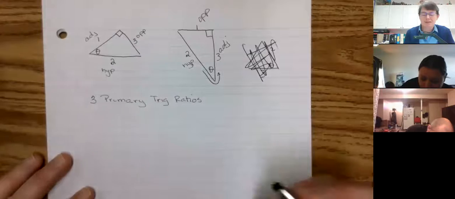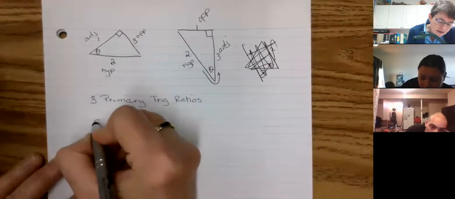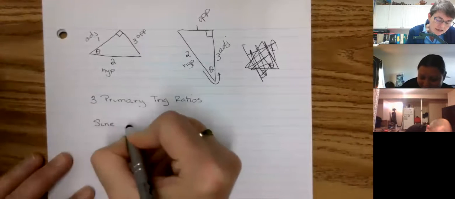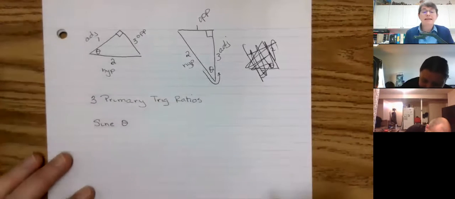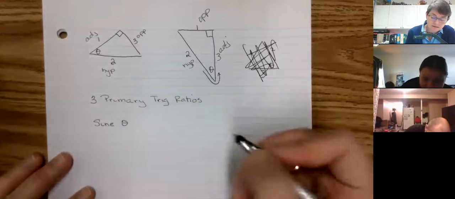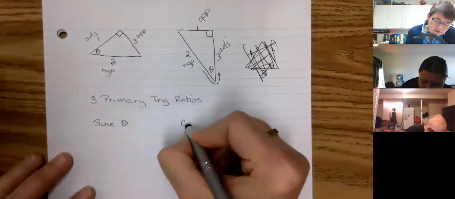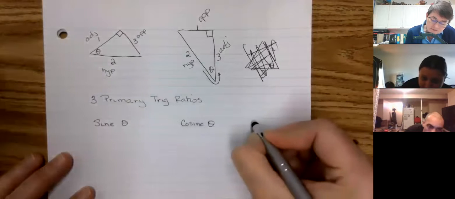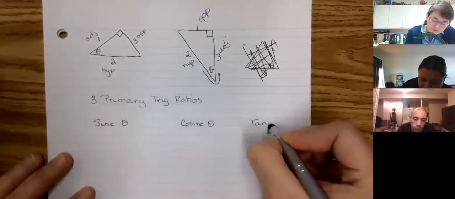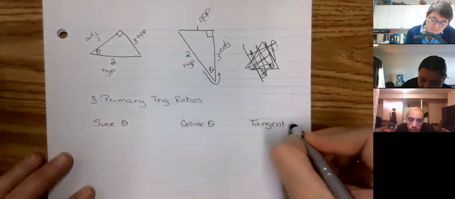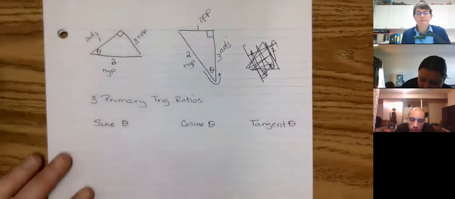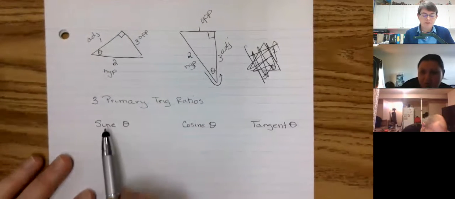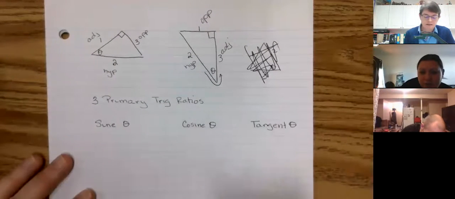So we've got sine theta, cosine theta, and tangent theta. So the ratios are called sine, cosine, and tangent.